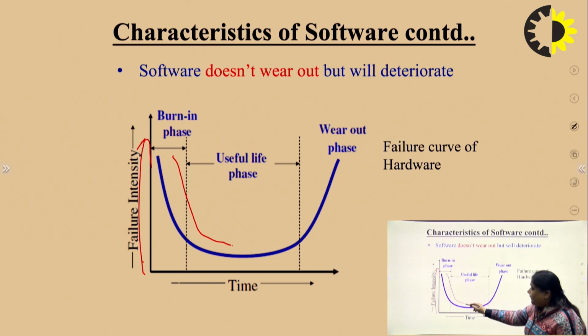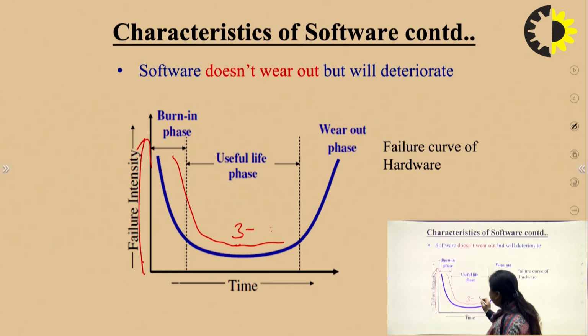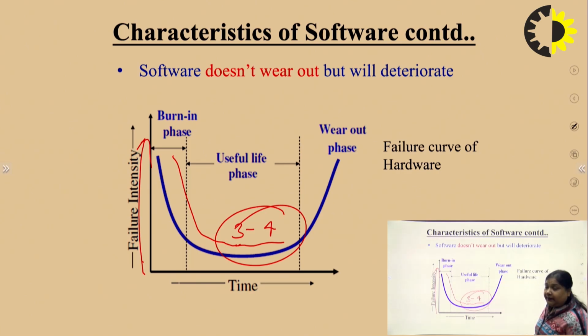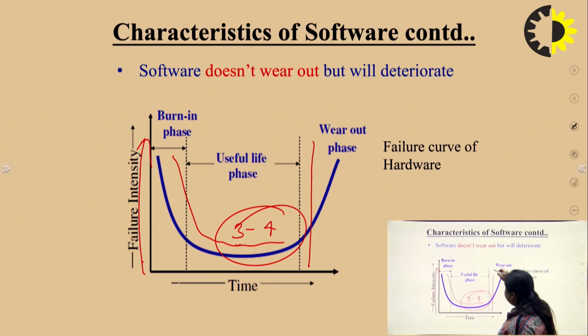After that, for maybe 3 to 4 years, it is in the useful life phase, where it is working fine. Again, after 4 years, it is the wear-out phase, and the failure intensity is increasing again. This is the failure curve of hardware.